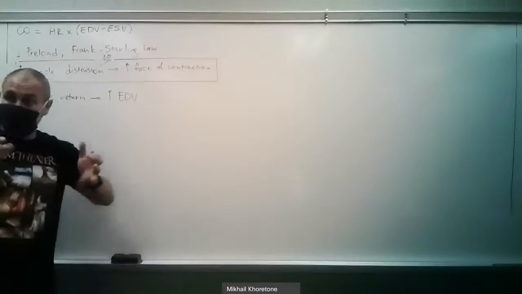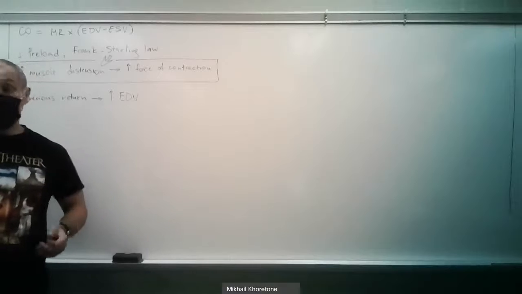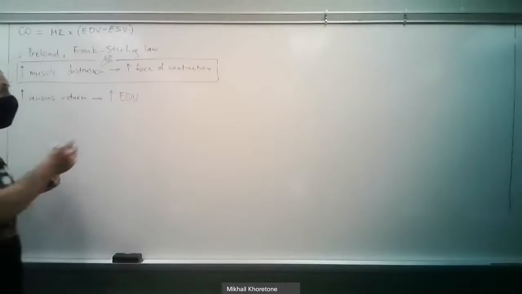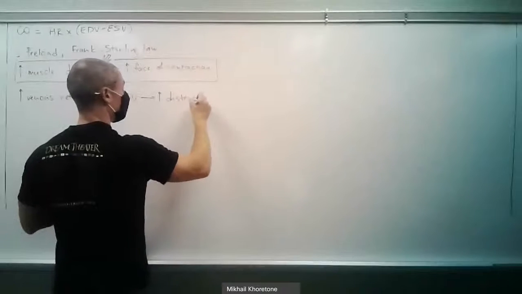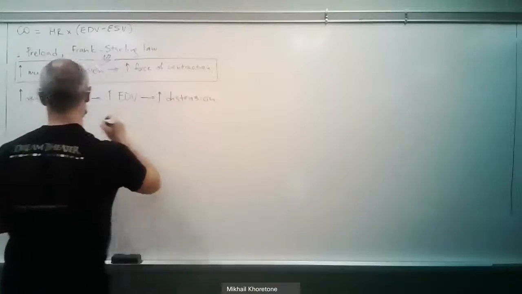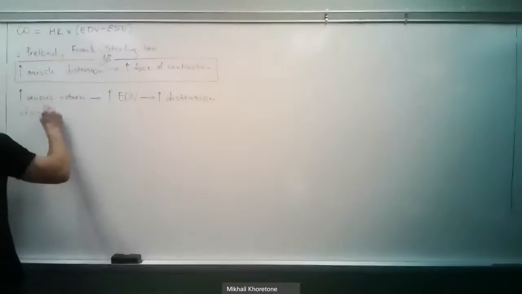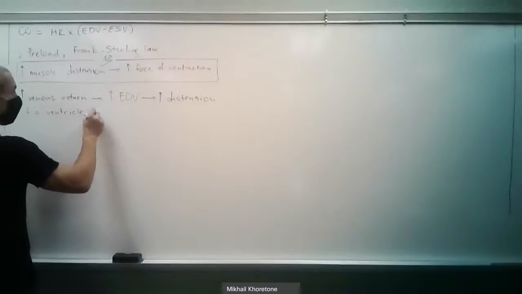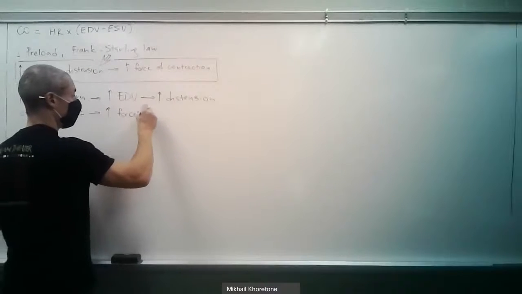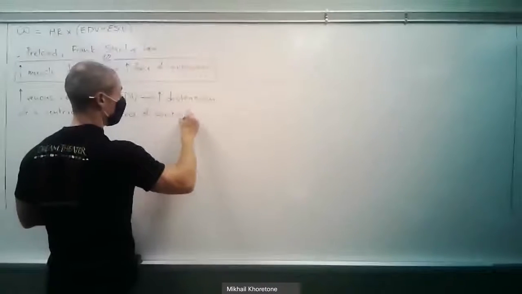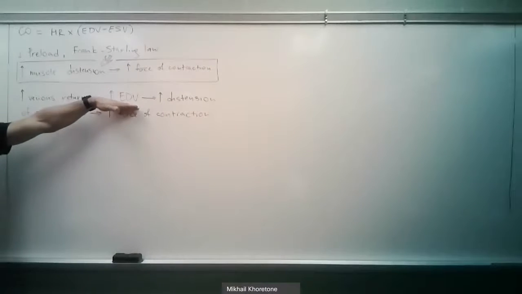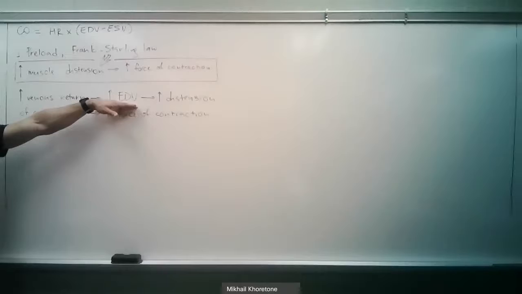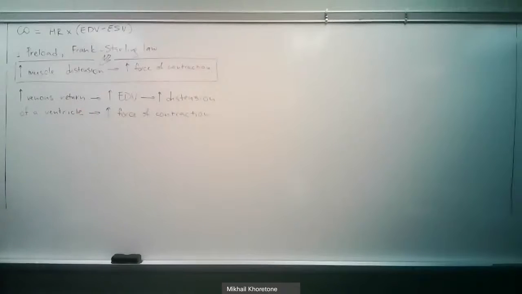So you have more blood in the ventricle. But interestingly enough, when you have more blood in the ventricle, it means higher distension of a ventricle. Higher distension, higher force of contraction, and voila, all this blood, all this EDV, well, not all, but a lot of it, goes into the bloodstream.